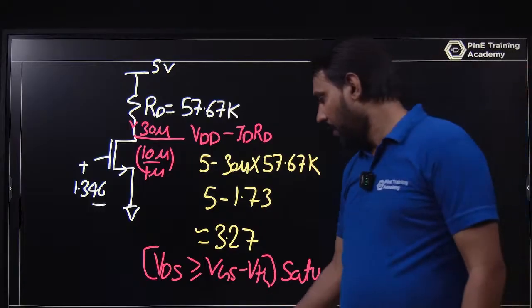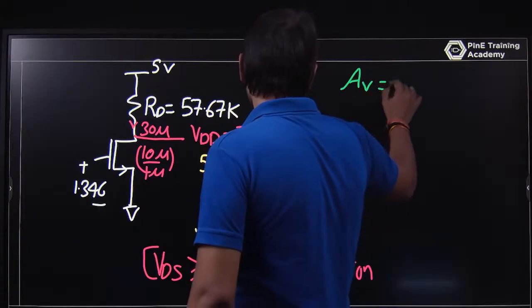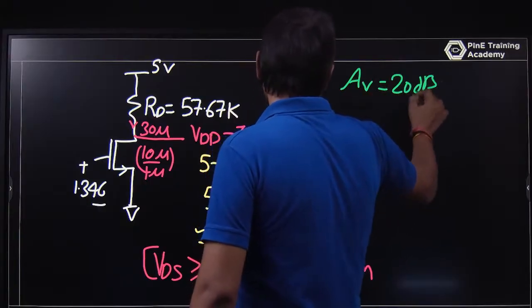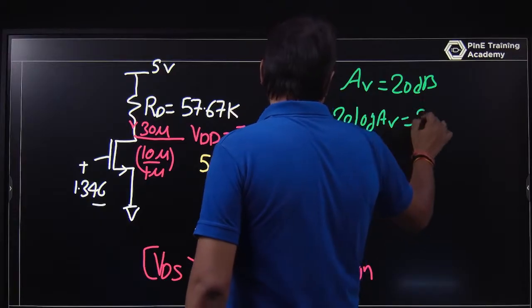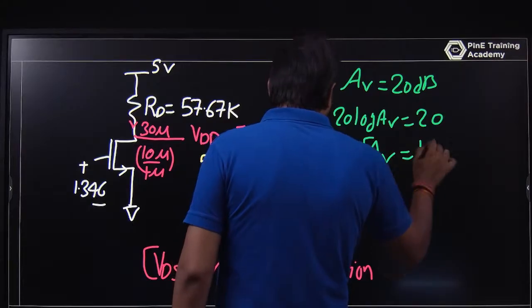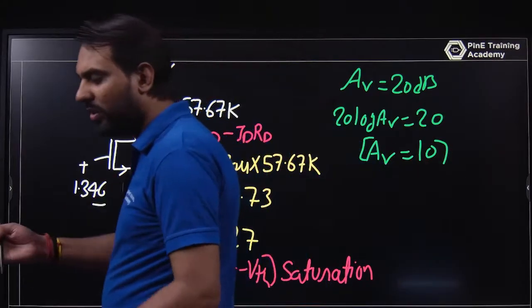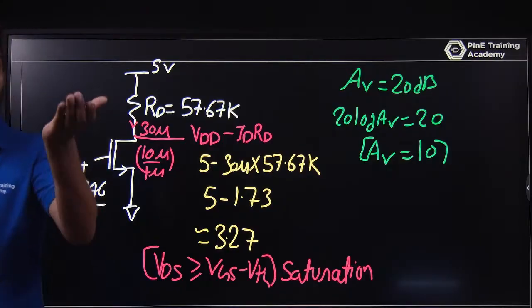Yes, you want that gain AV is equal to 20 dB, or in magnitude 20 log of AV is equal to 20 dB. So AV is 10. You want 10 or more than 10. Of course, if anyone says 20 dB, you are always trying to make a higher gain.